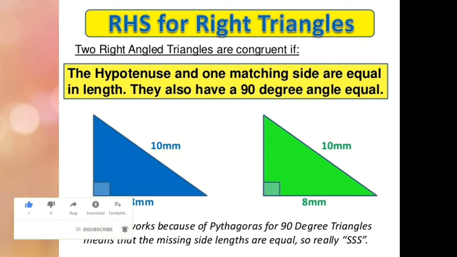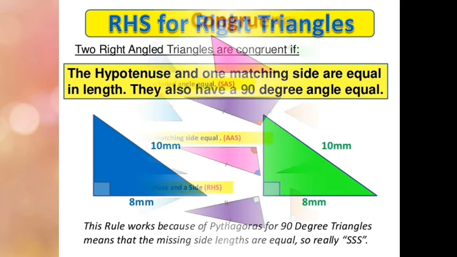So 10, pareha sila ng measure. So they are, of course, right triangles. Meron silang right angle, then meron silang dalawang match na measure. This rule works because of the Pythagorean theorem: for a 90-degree triangle, the missing side lengths are equal. So really SSS.